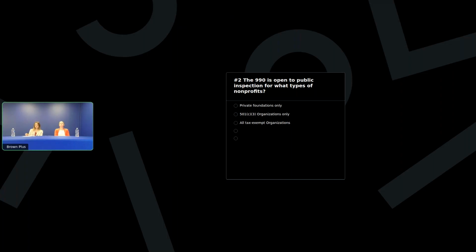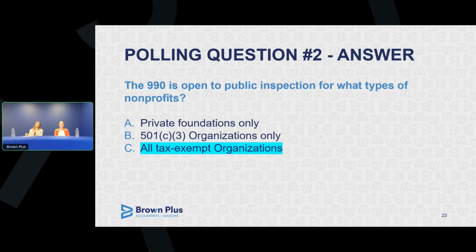Give a couple more seconds to get your answer in for that. And the answer is that the 990 is open to public inspection for all tax exempt organizations, not just 501c3s.